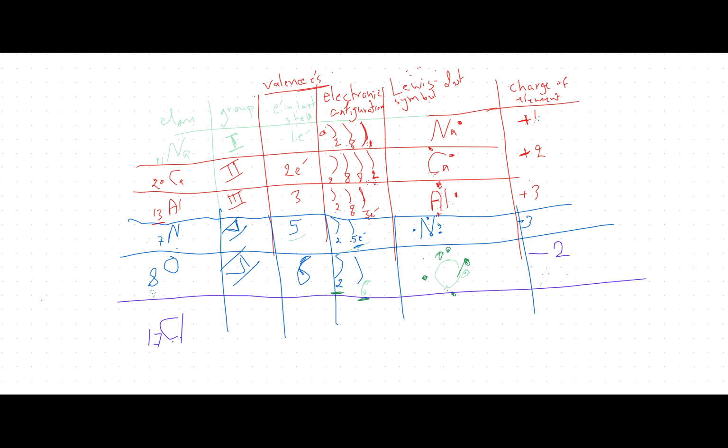Yes, it's in group 7. How many valence electrons? 7. 7, very good.